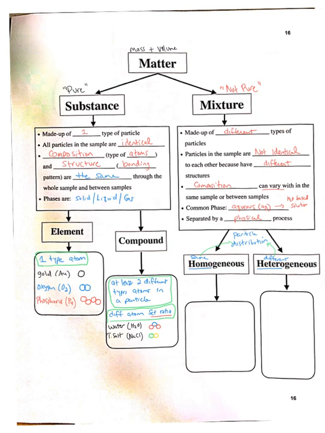So if it's a homogeneous mixture, it means that it has a homogeneous distribution. So that means that you have, we're going to say, a uniform distribution of all the particles. So it's evenly mixed.